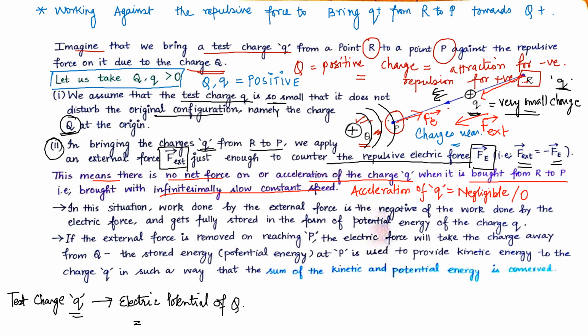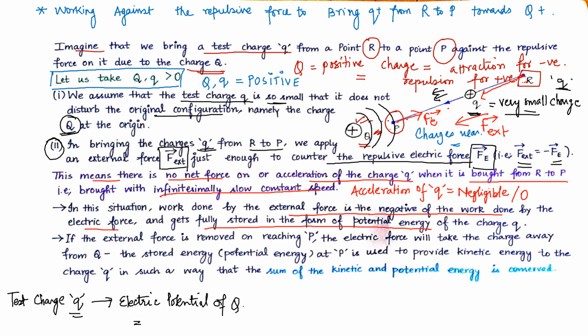In this situation, work done by the external force is the negative of the work done by the electric force. Electric force will do its work and external force will do its work. What is the difference in these two works done? The difference is that the external force's work done will be negative as it is going against the electric field, and the electric field's work done will be positive, and it gets fully stored in the form of potential energy of the charge small q.